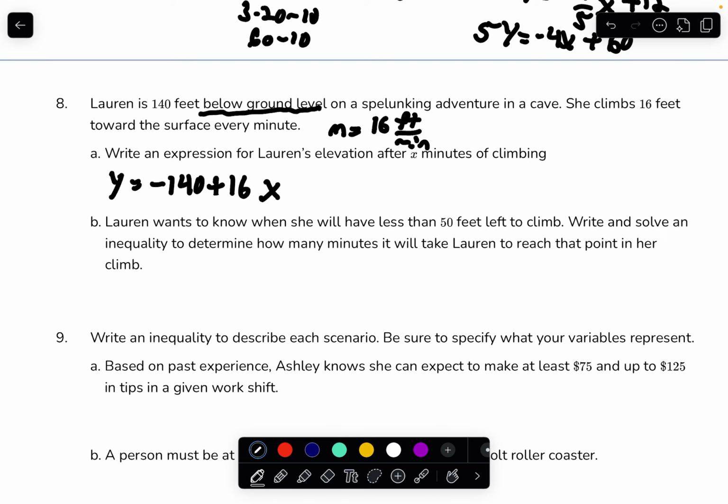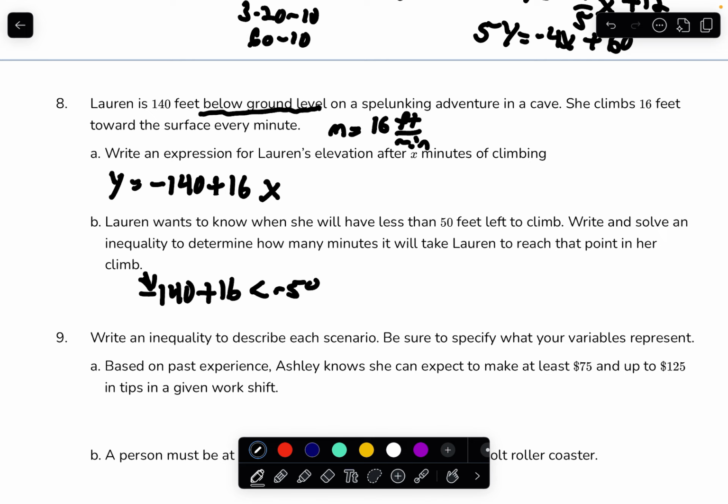Lauren wants to know when she will have less than 50 feet to climb. So she wants to know when this expression is less than 50 or negative 50. So this would be negative 140 plus 16x. Remember, we're below ground level, so that's why that's negatives there. All right, less than 50 feet, that'd be less than negative 50.